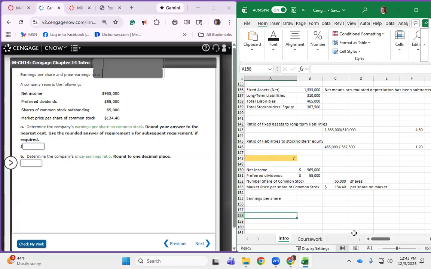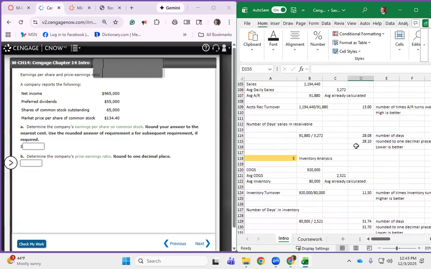And then the other one is going to be a ratio. One's going to be a dollar amount and one's going to be a ratio. This is going to be your price earnings ratio. So, earnings per share. Let's go see what the formula is.